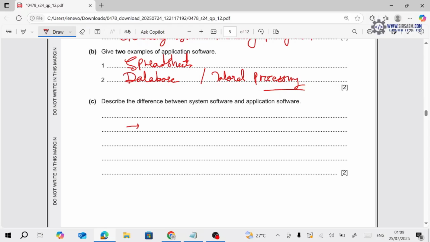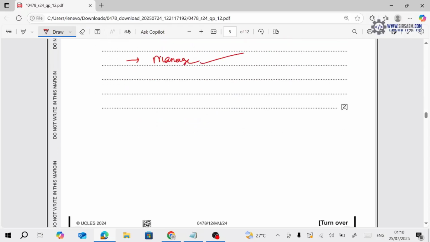If the user wants to interact with the hardware and the software, there has to be an operating system. So it helps to manage the hardware and the software, and to help the user to interact with the hardware and the software. As far as application software is concerned, it is used to perform some specific tasks.